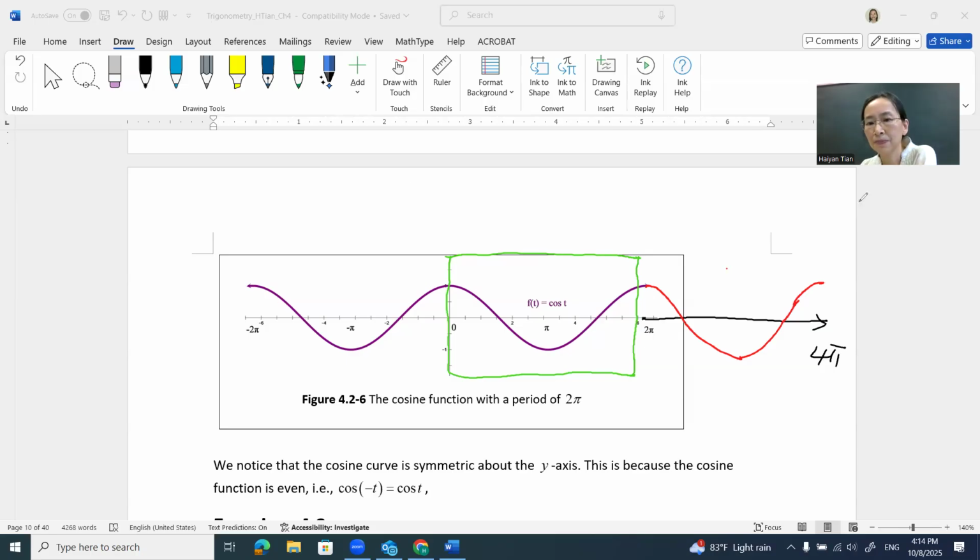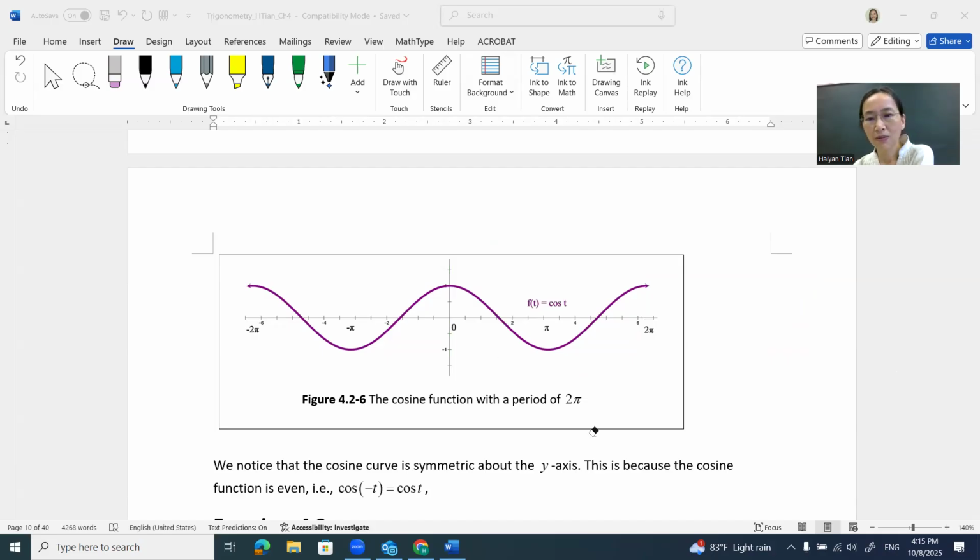So actually we can see 2 periods, and certainly you can see 3 periods if you want. So that means the graph can be extended either way, to the left or to the right.